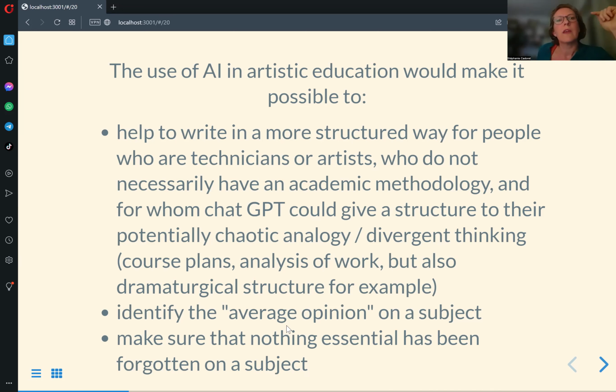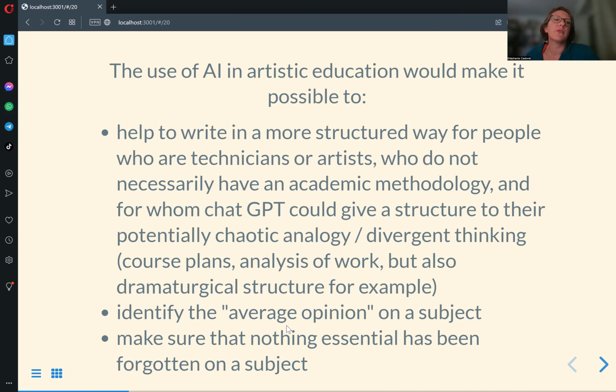So yeah, it could help for us artists and also for students or technicians. It could help us to be more structured in the way we write, especially if we don't have any academic methodology. And it could also be useful for plans and dramaturgical structure if we pay attention to the fact that it gives us a very standardized plan.